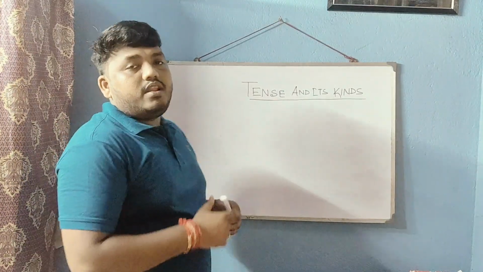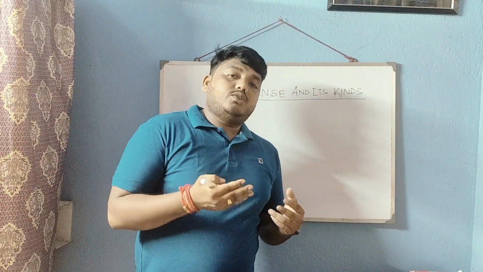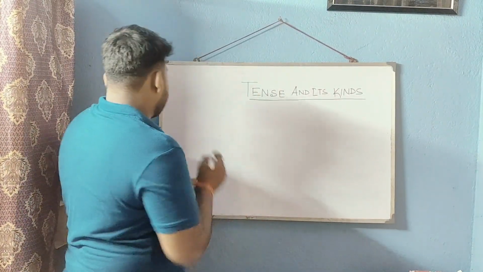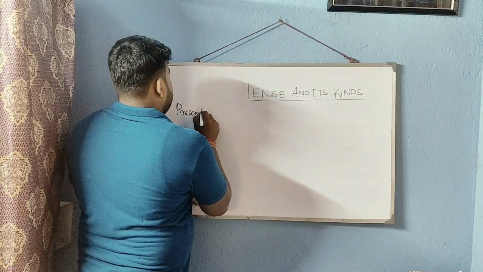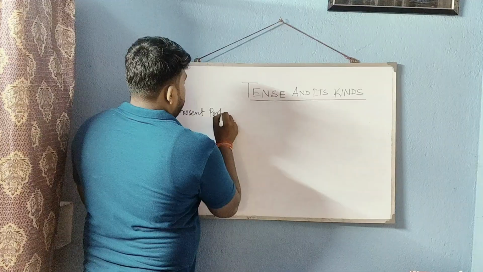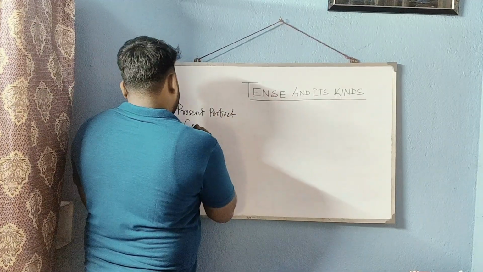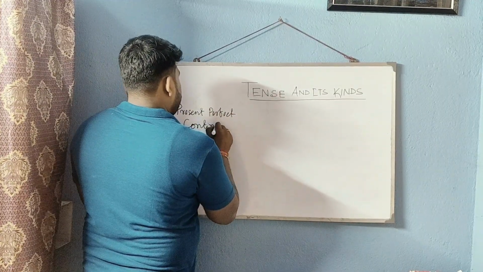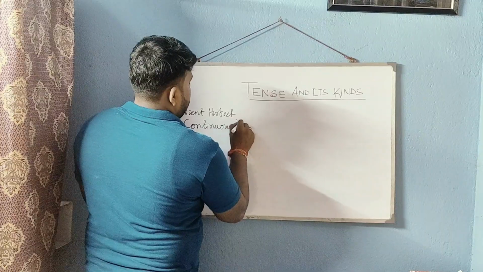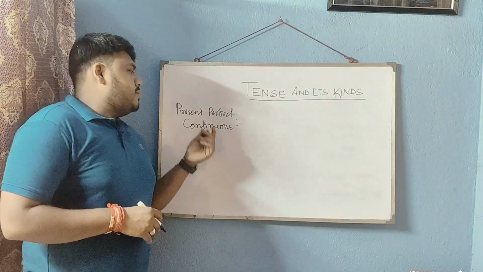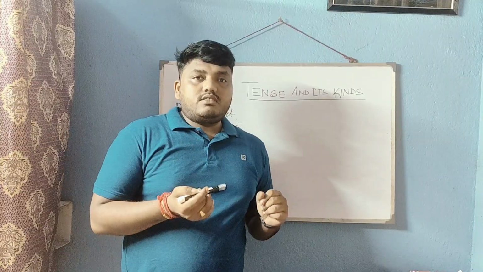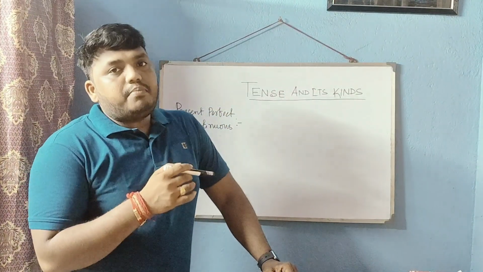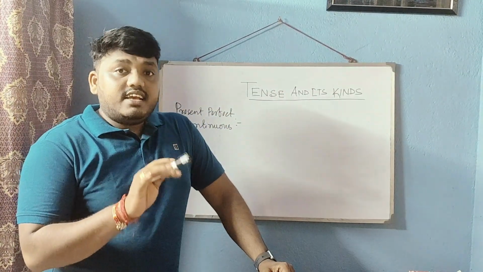Now we will learn about present perfect continuous. So what is present perfect continuous? Present perfect continuous denotes an action that began in the past but is still continuing.